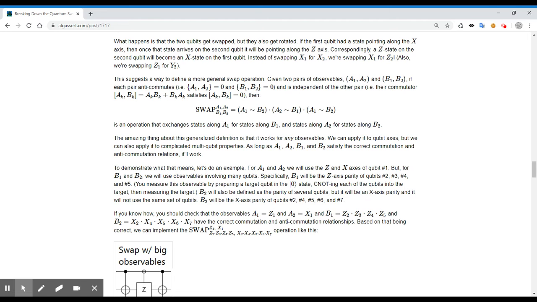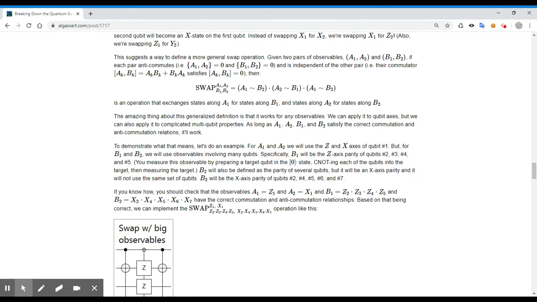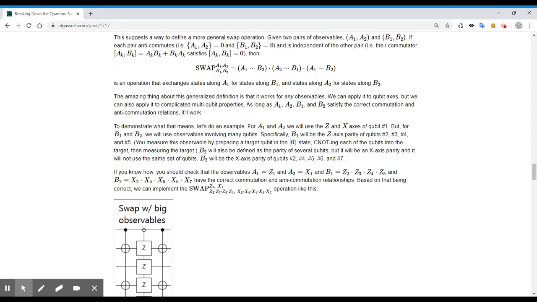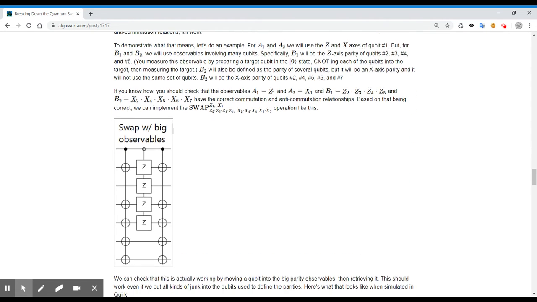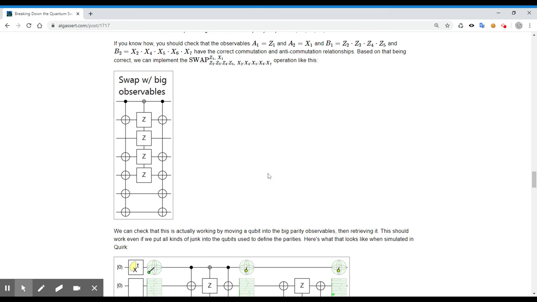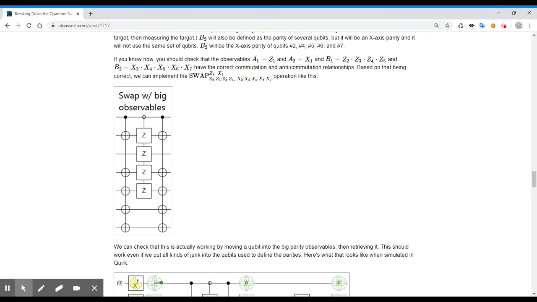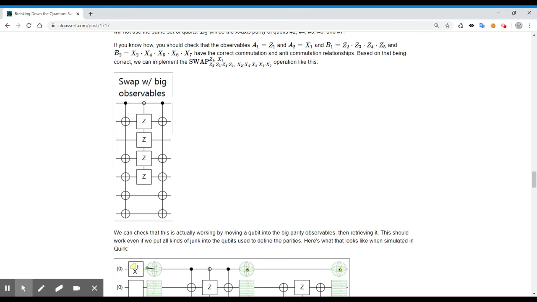So you're going to flip the parity and the Z and the X-axis. Okay, so we can swap with big observables. We can check that it's actually working by moving a qubit into the big parity observables, then retrieving it. This should work even if we put all kinds of junk into the qubits used to define the parities.